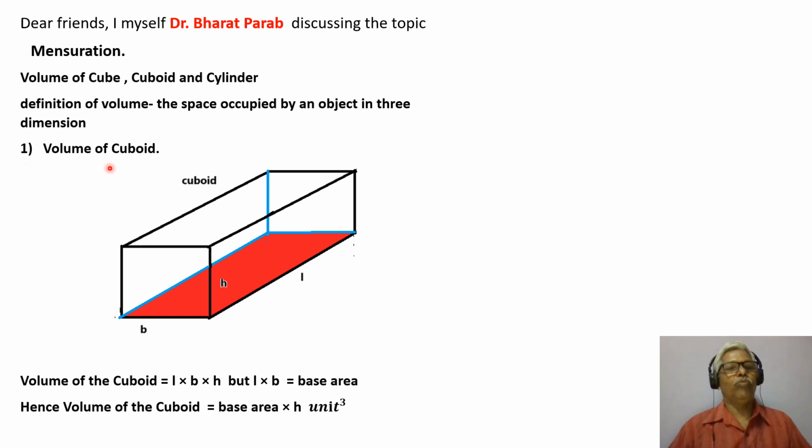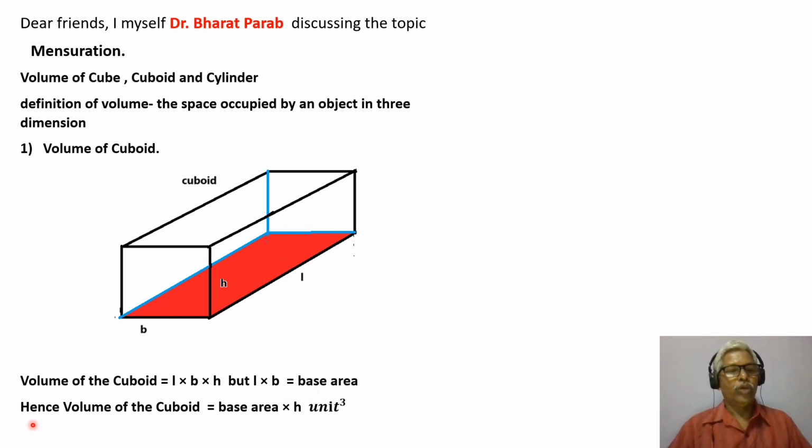First one, volume of cuboid. This is a cuboid. This is the length, this is the breadth, and this is the height. The volume of a cuboid is equal to L into B into H. But L into B, this colored or red part, is the base area.